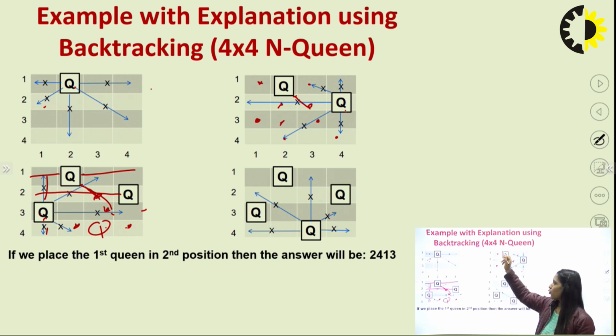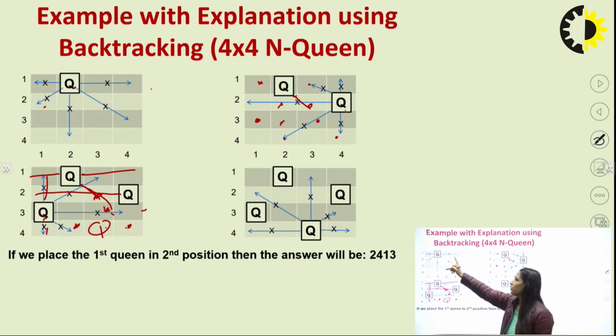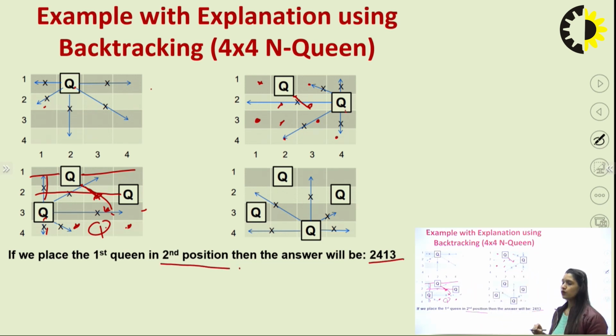Means in 4x4 I got the solution if I follow this. Means if I start from the second position, okay, then I can find my answer 2 4 1 3.